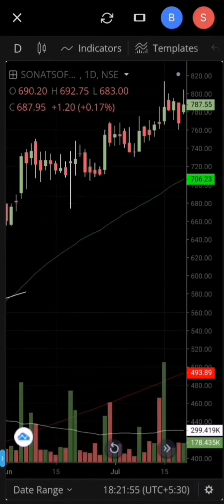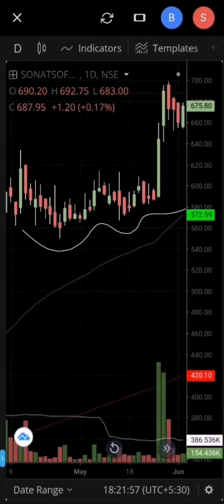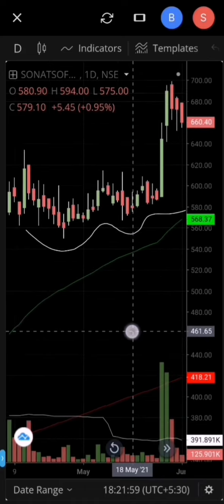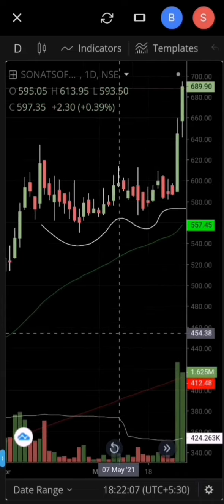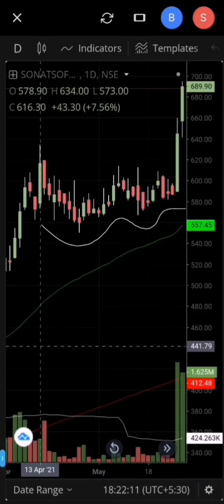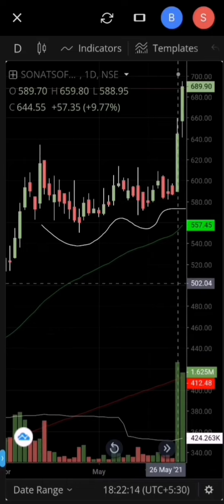Here is the example of Sonata Software. Again, in the case of Sonata Software, the volumes, as you can see, were on a lower side. This happened between 13th April 2021 and 26th May 2021.